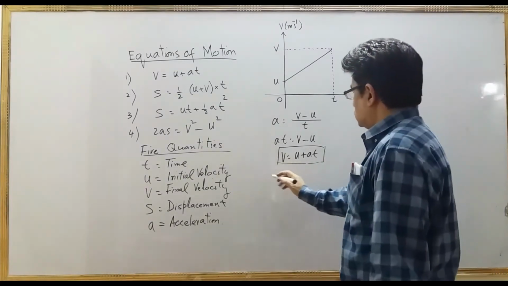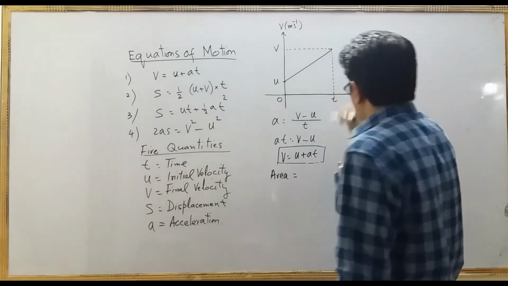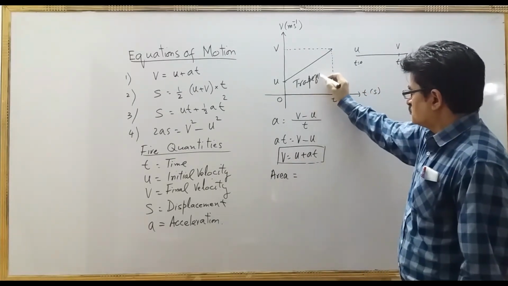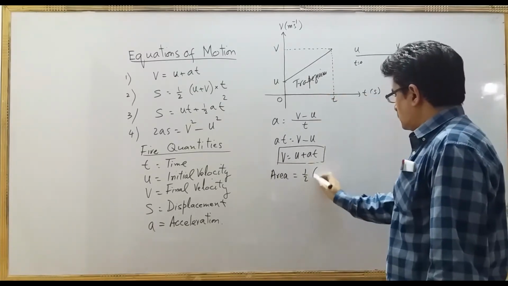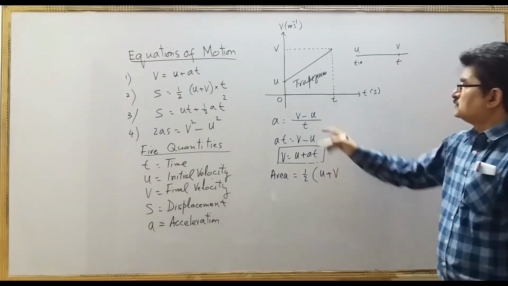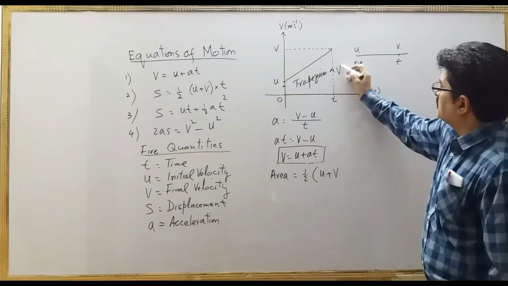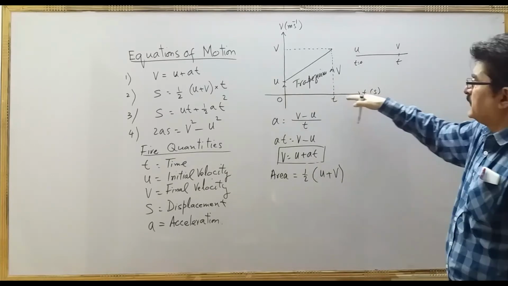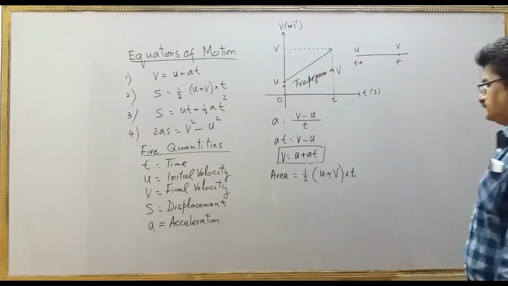Then we have area. Now this is a trapezium. You know that area of trapezium will be half into the sum of these heights, which are parallel sides, multiplied by the perpendicular distance between these two, which is t.